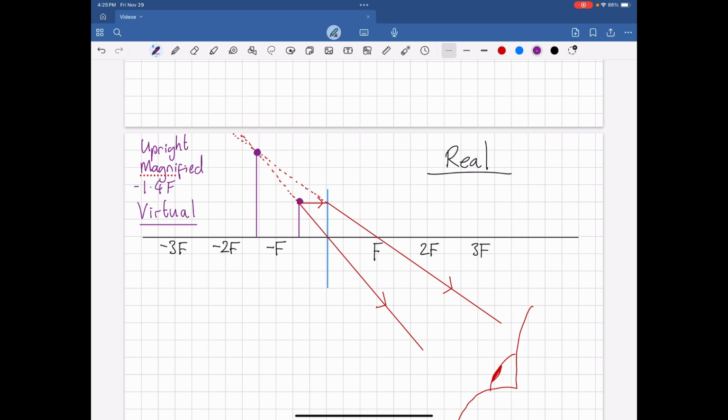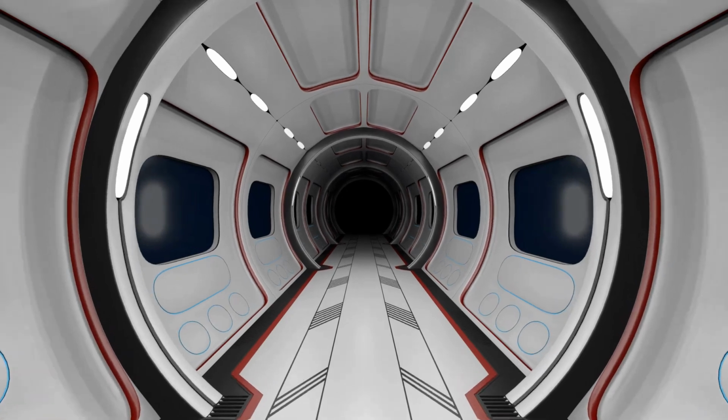This would be equivalent to you using a magnifying lens. You bring the object close, you see an enlarged version of the object and it's upright. Actually, what's happening is when you brought the object close, you were bringing it closer than negative f, and as a result, a virtual image was created which was magnified and was upright.